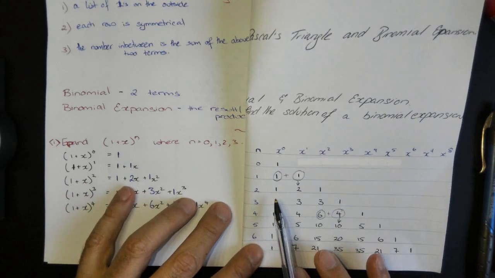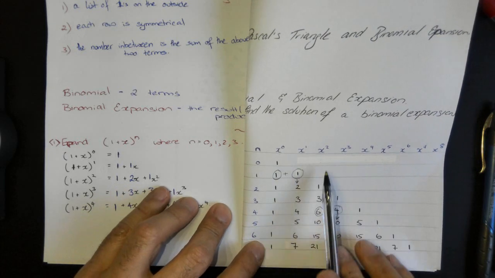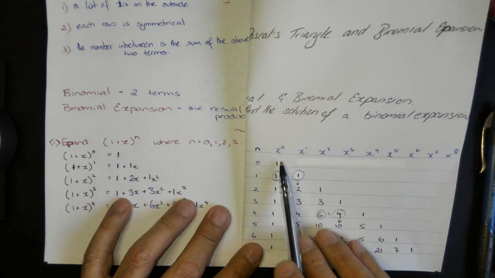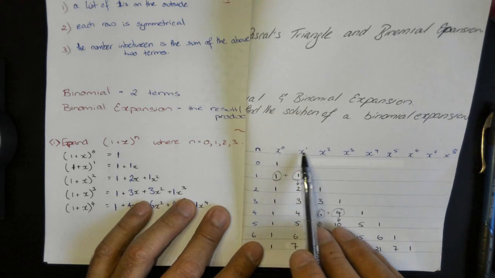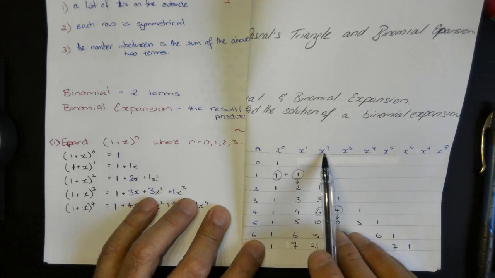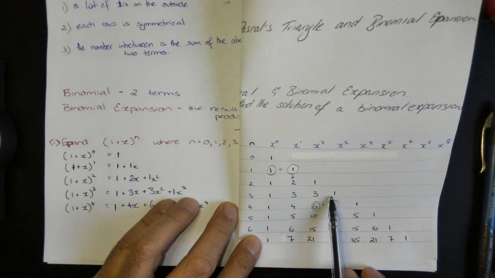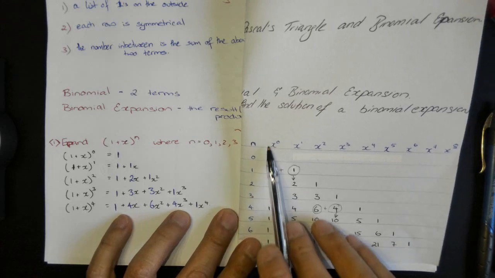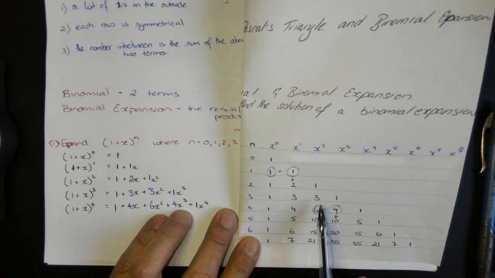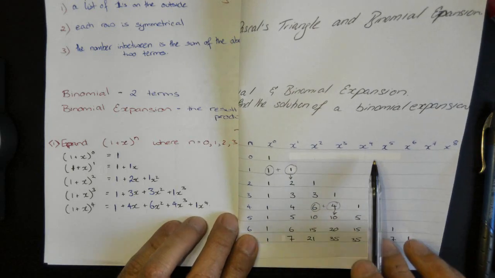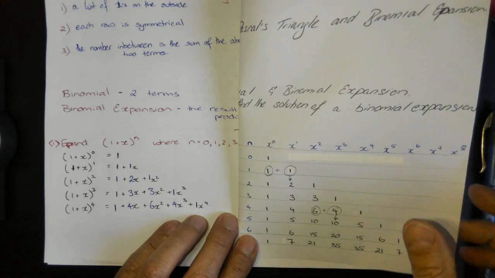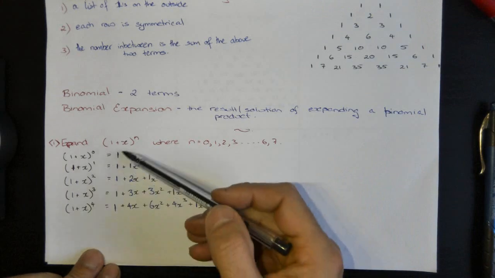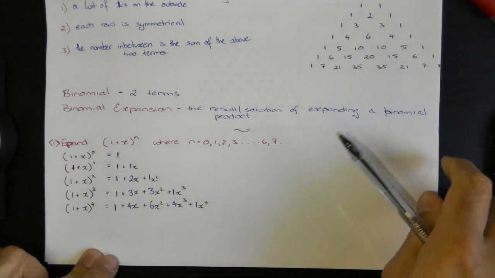Then we get 1 plus 2x plus 1x squared. Then 1, 3x, 3x squared, 1x cubed, then 1, 4x, 6x squared, 4x cubed, and 1x to the power of 4. So binomial expansion, what we're doing here, has a direct link of the coefficients with Pascal's triangle.